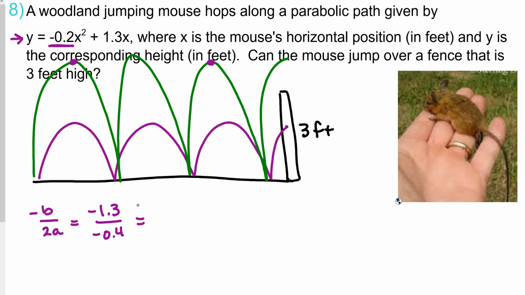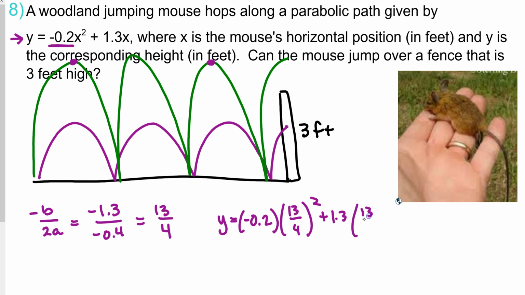Let's see if we can simplify that. I'm going to use my calculator, type in the decimal, and then press math, change to fraction, and it gives me 13/4. That's the x-coordinate of the point. We need the y-coordinate. So if we have negative 0.2 times 13/4 squared plus 1.3 times 13/4, I'm going to put that into my calculator.